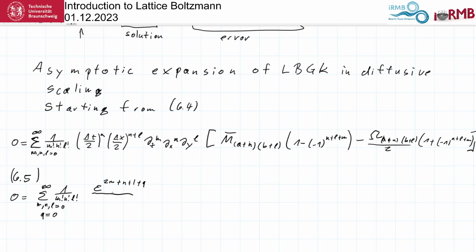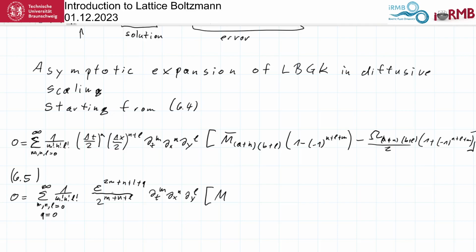And now we have the 2 divided by 2, and down here it goes to the power of m. Now it's not 2m, it's just m, because it's the half to the power of m plus n plus l. So this goes into dt^m, dx^n, and dy^l.